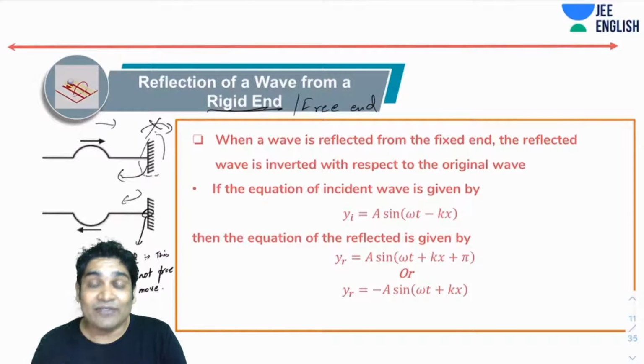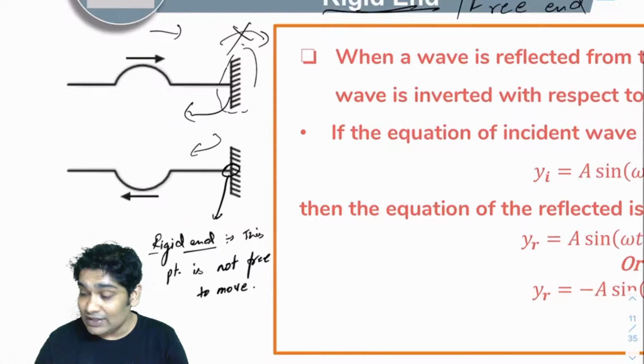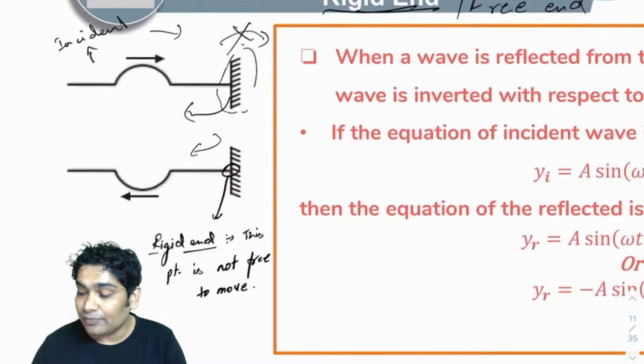When a wave is reflected from a fixed end, the reflected wave is inverted with respect to the original wave, which you can see here. This is called the incident wave, and the reflected wave would be something like this. This is called the reflected wave.